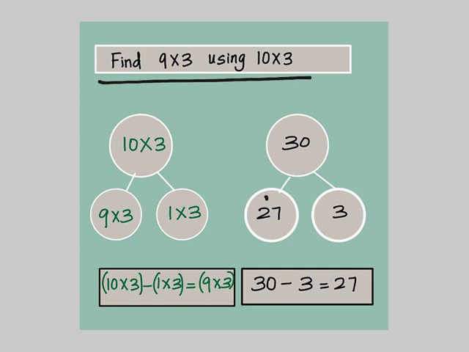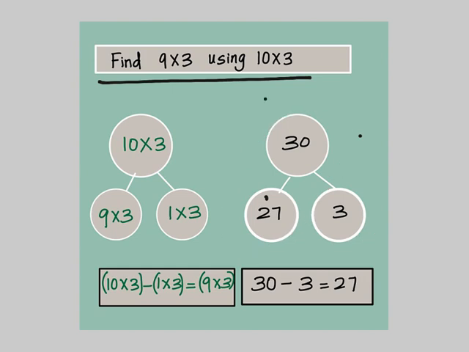Or else I can show you in the number bond. 30 minus 3 will give us 27. Or in the number bond, 30 minus 27 also will give us 3.